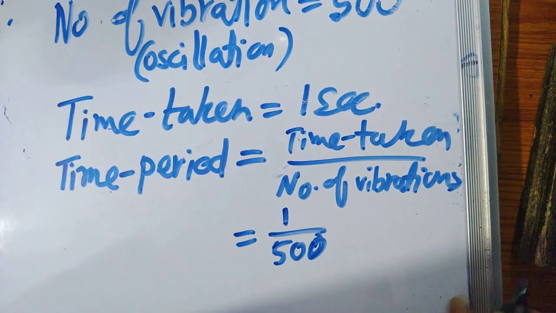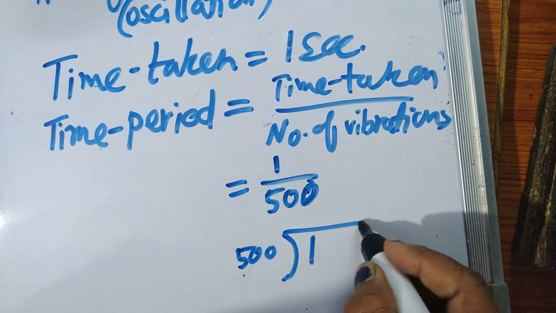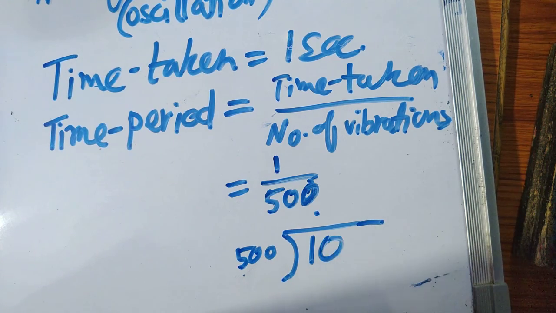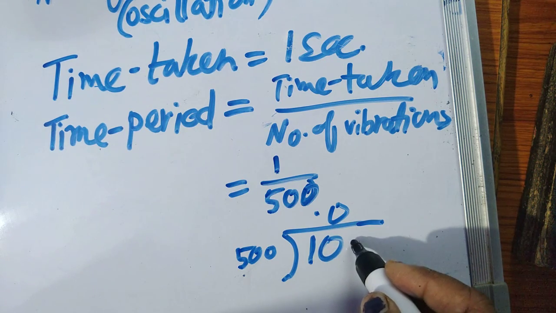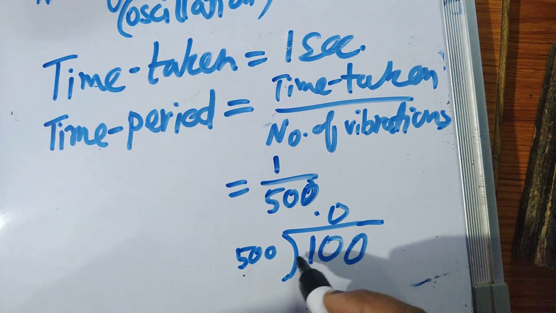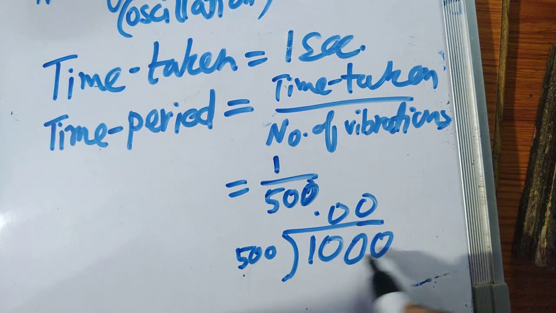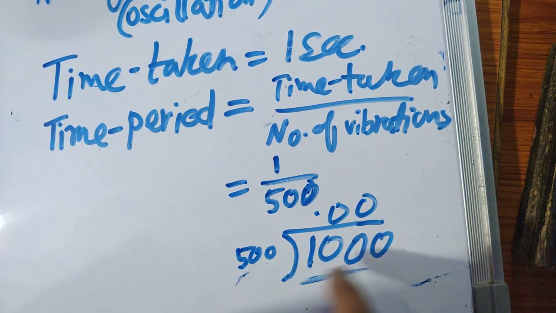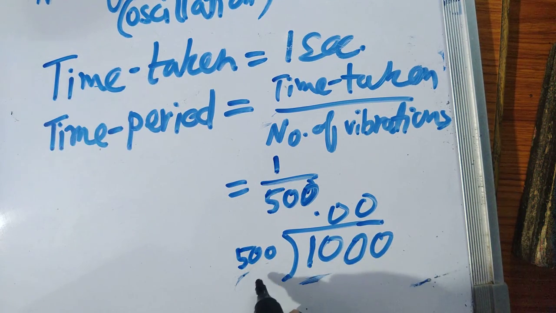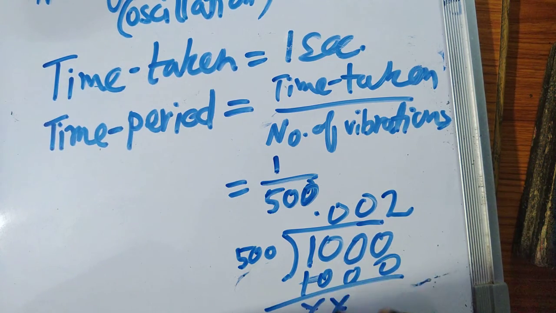How will you solve? See, I am giving you the solution. If we divide 1 by 500, it won't be divided. We will put a decimal and give 1 0, but it again won't be divided. We again put a 0 to put another 0 here. 500 can't divide 100 again, so there will be a second 0 and a third 0 in the dividend. This is the divisor, this is the dividend. Now it can be divided: 500 twos are 1000.